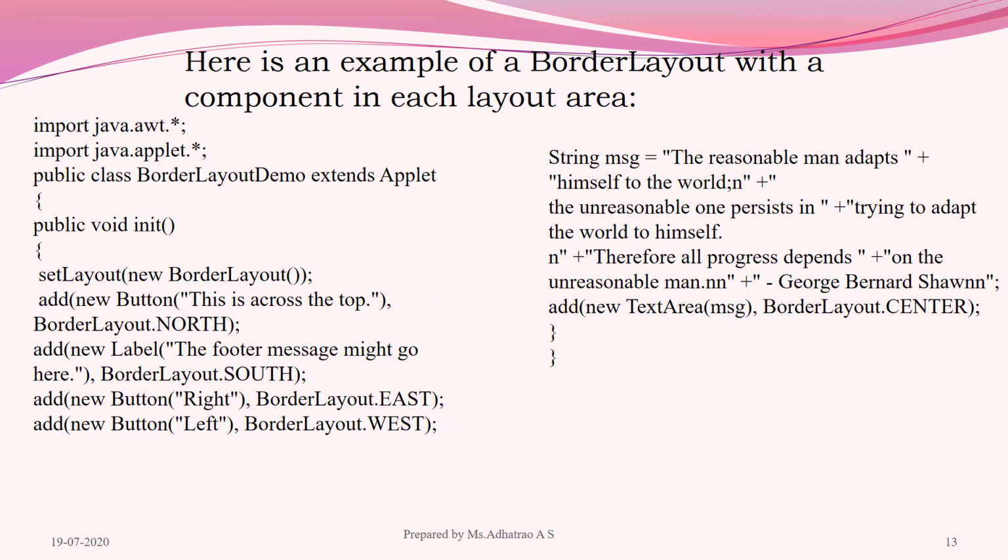So here is an example of a border layout with a component in each layout area. Here I am using the method setLayout(new BorderLayout()) and adding a button. How to add a component in the border layout? By using the add method, passing the button object and specifying the region for the component as follows.